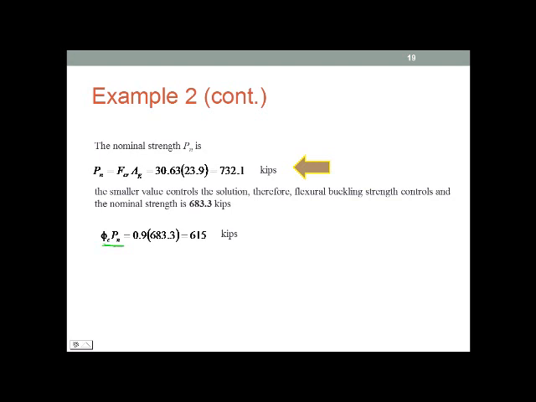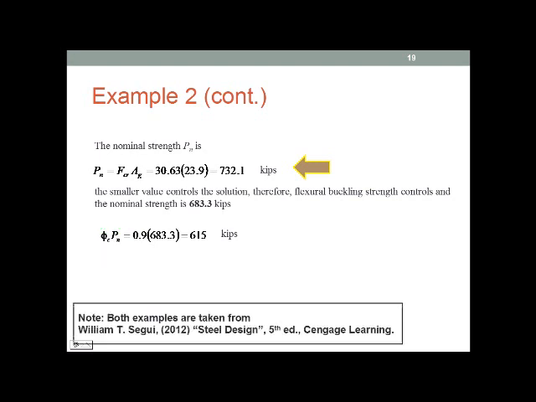The design strength can be calculated by multiplying the reduction factor phi by the nominal strength. For buckling, the reduction factor phi equals 0.9. Now if you multiply 0.9 by 683.3, you'll get a design strength of 615 kips.